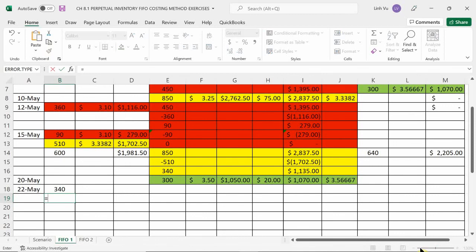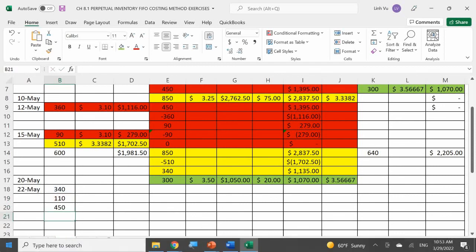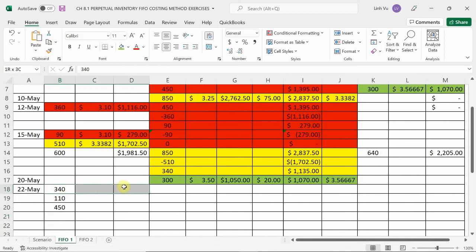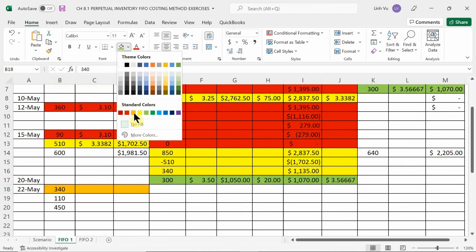Now I need to figure out how many units I need to get to 450. So I'm going to take 450, subtract the 340 to get me a remainder of 110. So therefore, I'm just going to simply add these two numbers together to get me a total of 450. So I know for a fact that my 340 is going to come from my yellow batch of inventory.